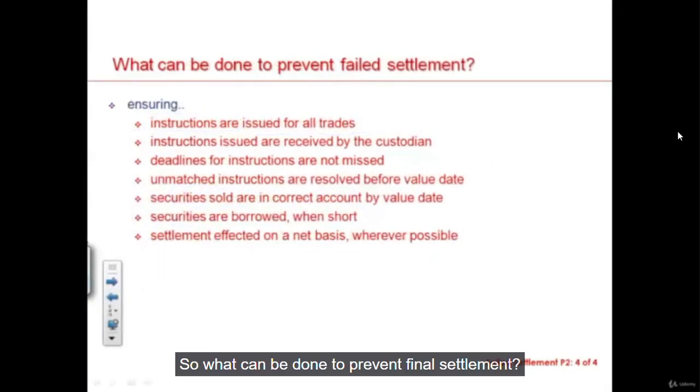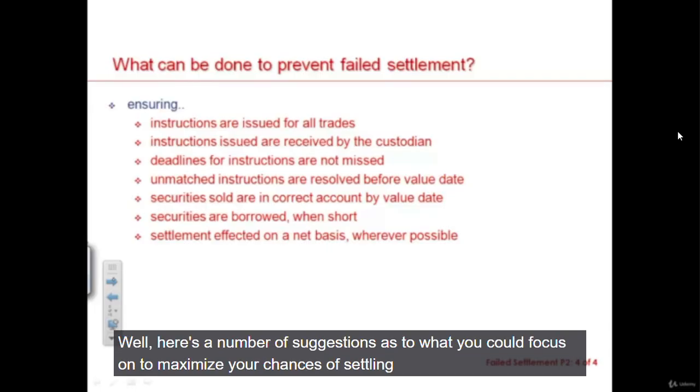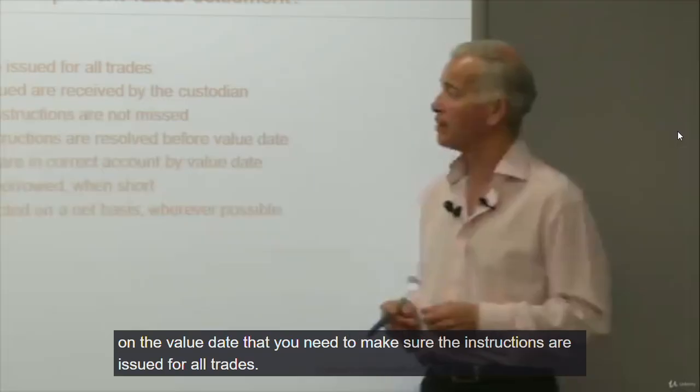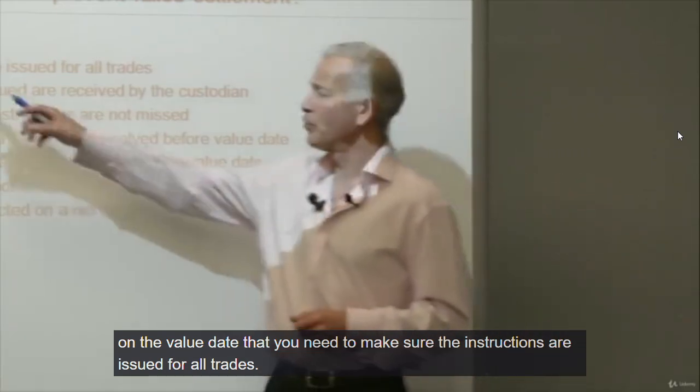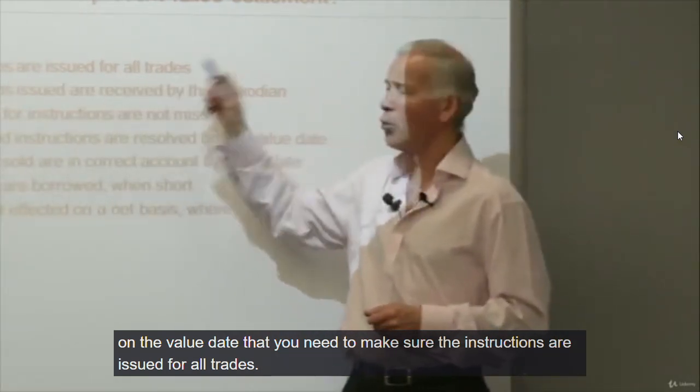So what can be done to prevent failed settlement? Well, here's a number of suggestions as to what you could focus on to maximise your chances of settling on the value date. That you need to make sure that instructions are issued for all trades.